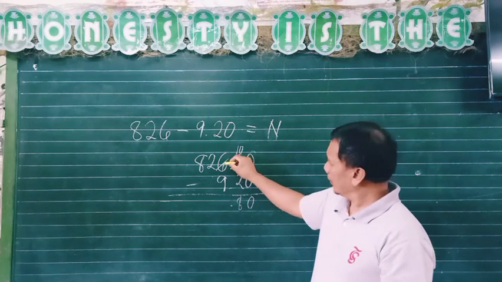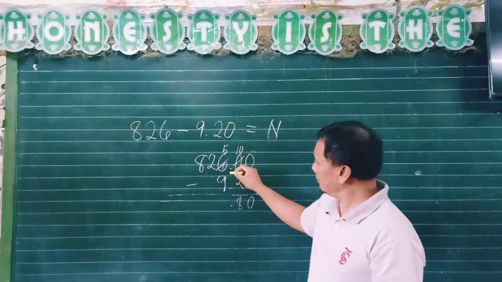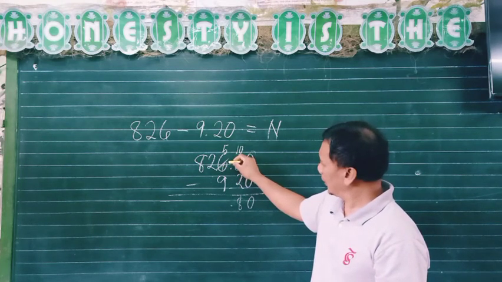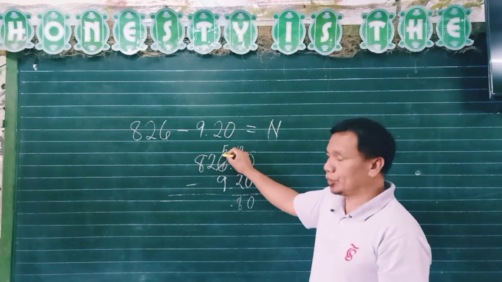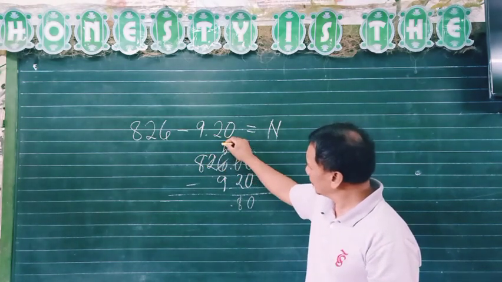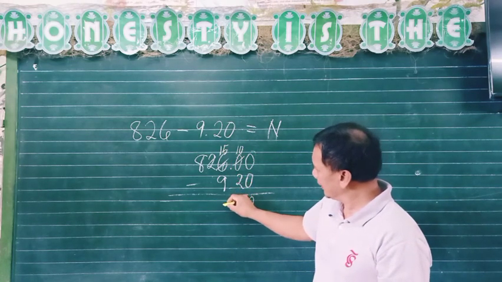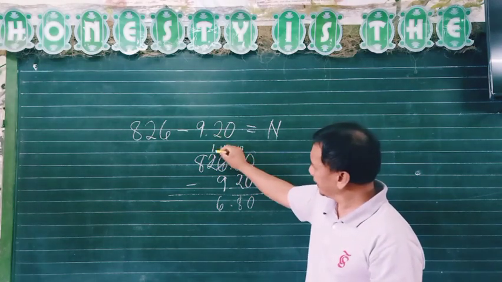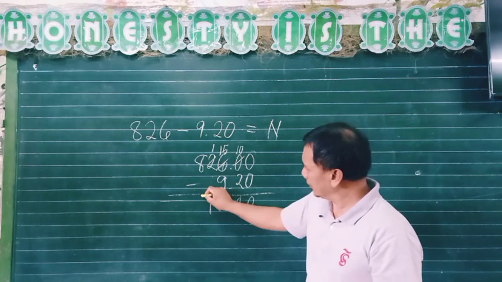So the remaining 6 now becomes 5 because you borrowed 1, under the ones place value. So 5 minus 9, it cannot be. So you borrow 1 from 2. So this will become 15. So 15 minus 9 equals 6, and 2 becomes 1. So you bring down 1 and bring down 8.